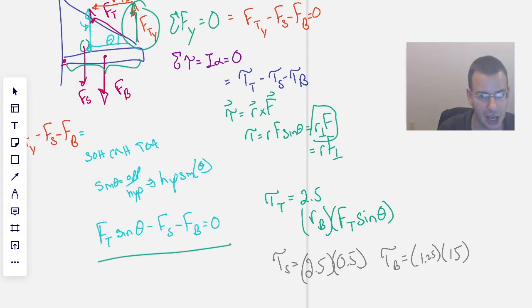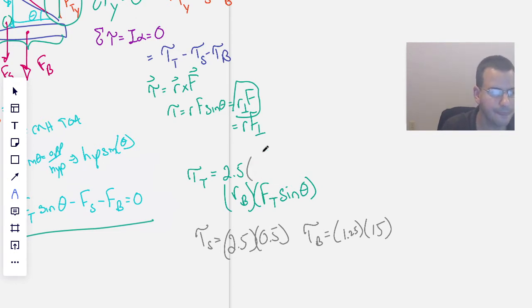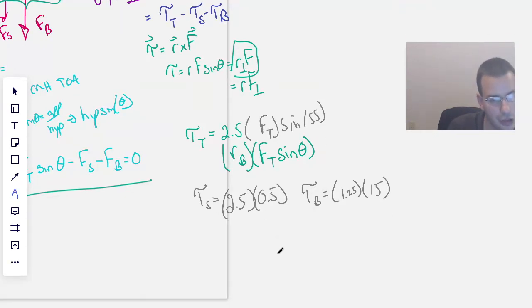Okay, so now we can put all the torques together. F_T sine of 55 degrees. Torque tension equals, and I'm basically just going to take the negatives and put them over the other side since it equals 0. Another way of thinking, instead of everything adding up to 0, is that all the clockwises equal all the counterclockwises.